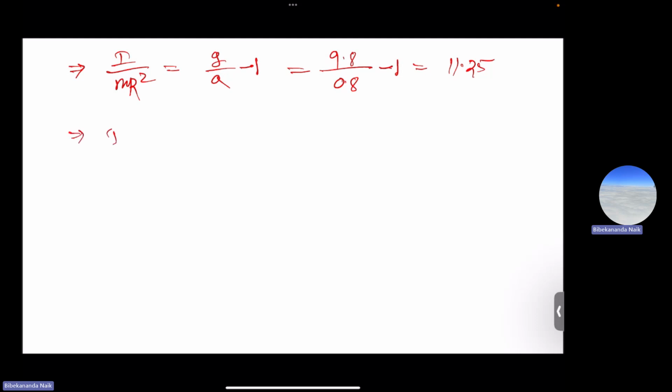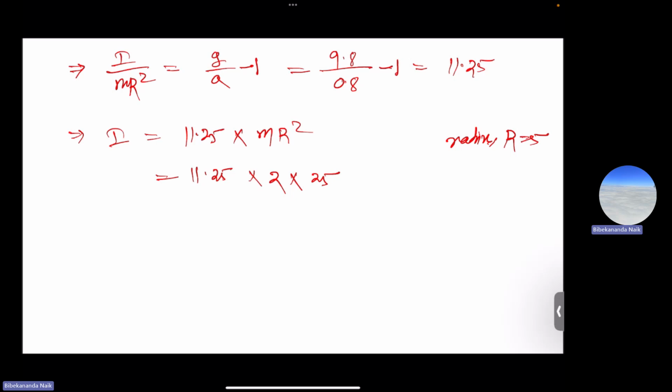Now what will be the value of I then? I will be 11.25 into m r square. So 11.25 into 2 into 25, because the radius r was 5 meter and mass was 2 kg.